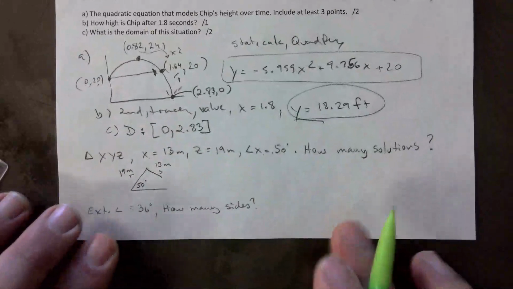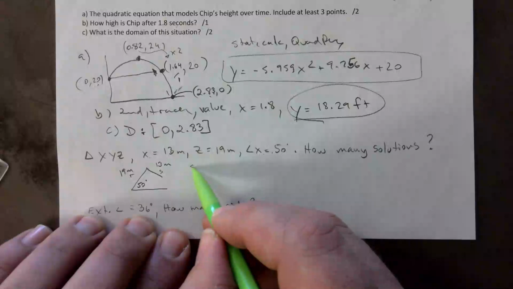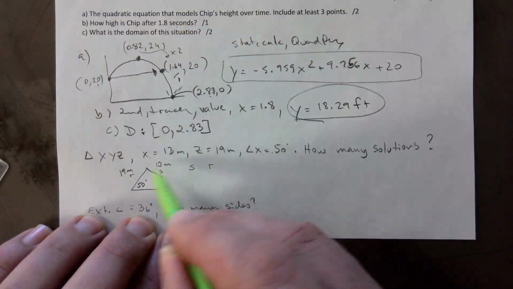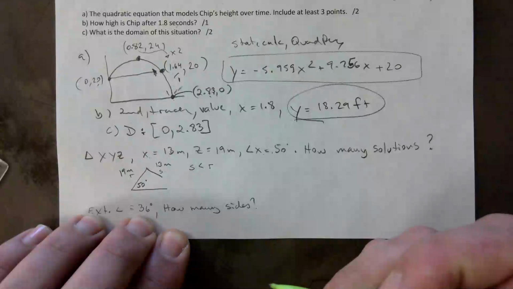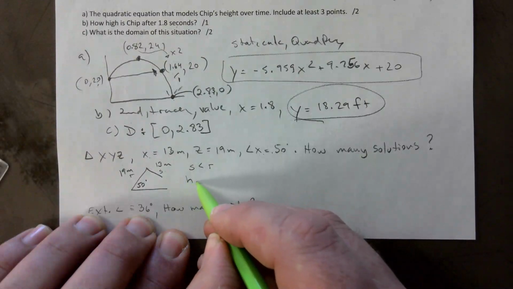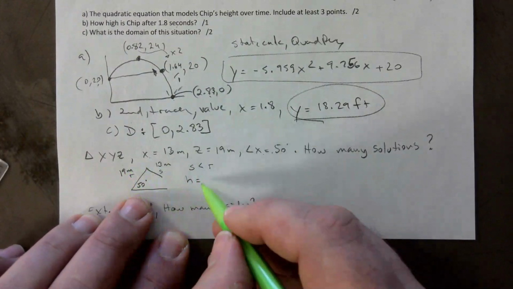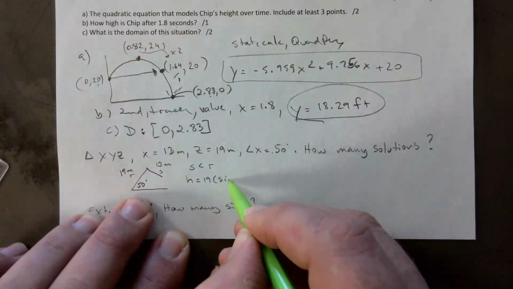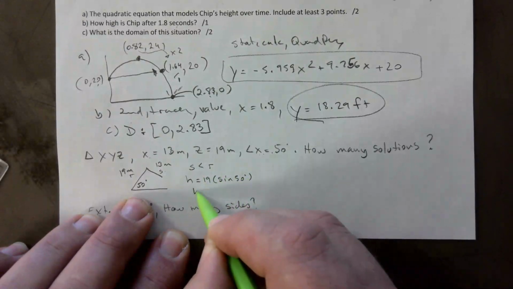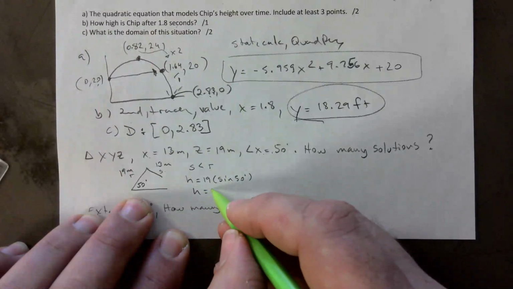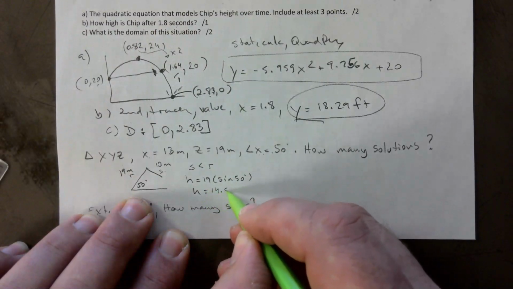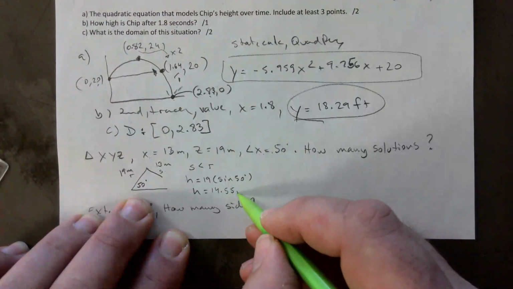Okay. So what's the first thing we check? String compared to the rod. The string is obviously shorter. So you're right, then you need to find the height, which is 19 times sine of 50. So meters.